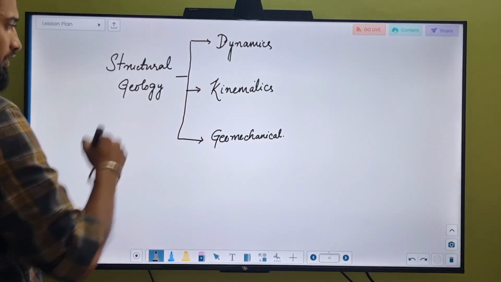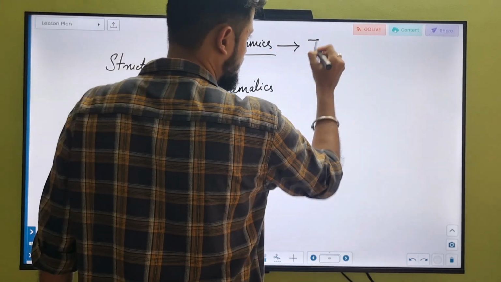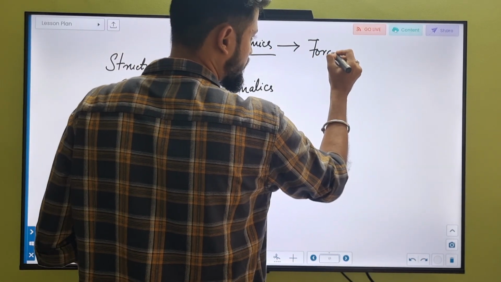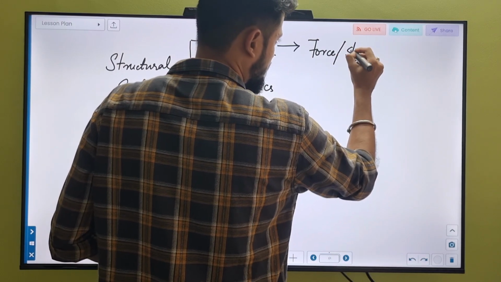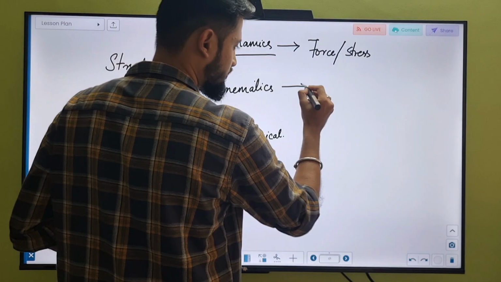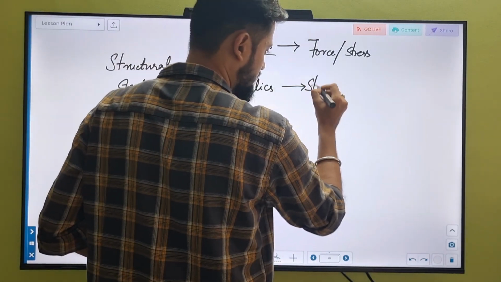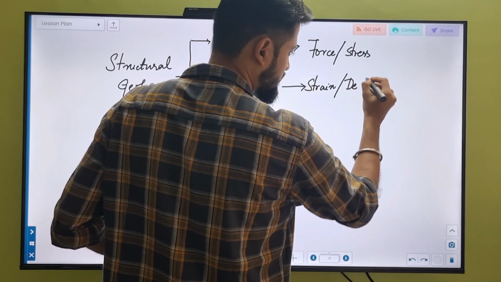Okay, so in dynamics, we study force or stress. In kinematics, we study strain, or you can also call it deformation.